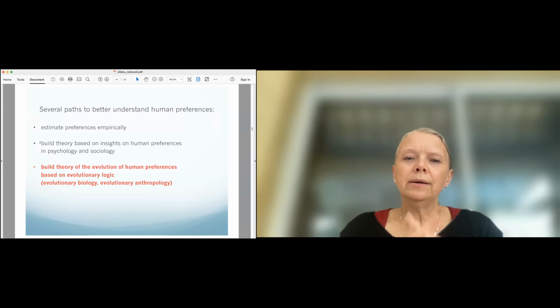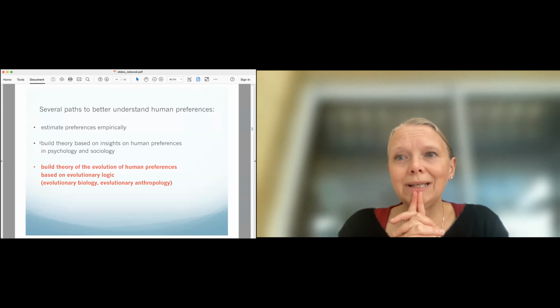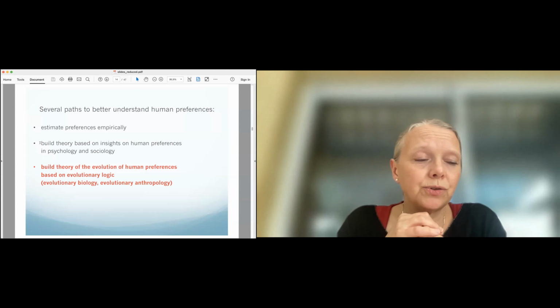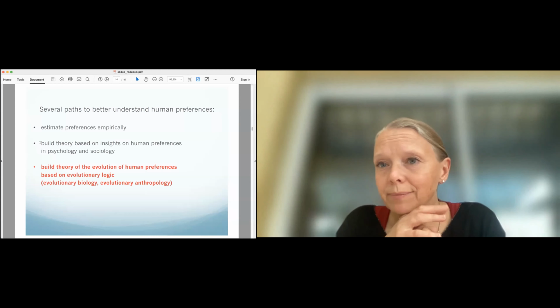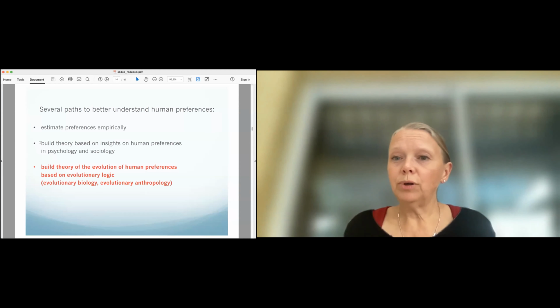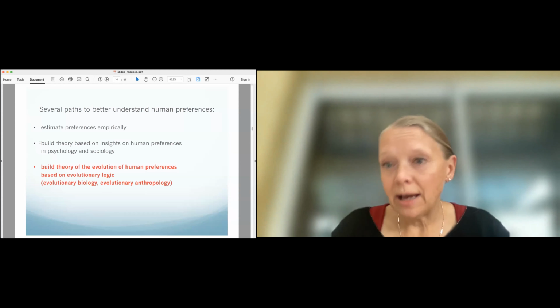And so this kind of work can lead one to interact also with researchers in evolutionary biology or evolutionary anthropology, because those fields have used this approach for many more decades than economists have.